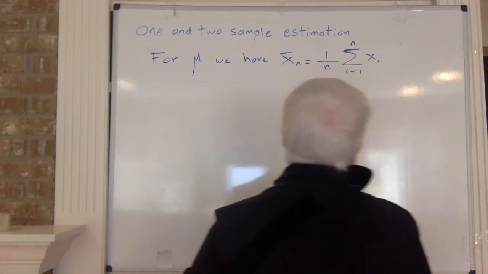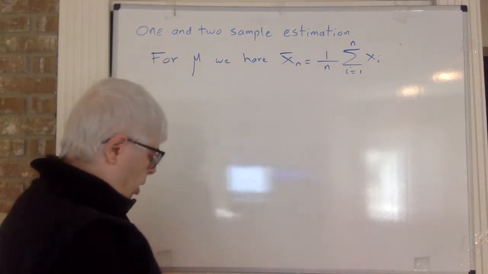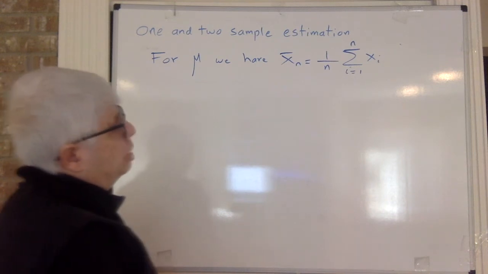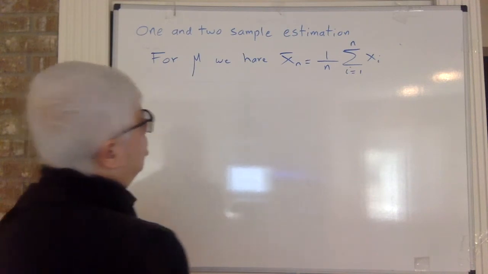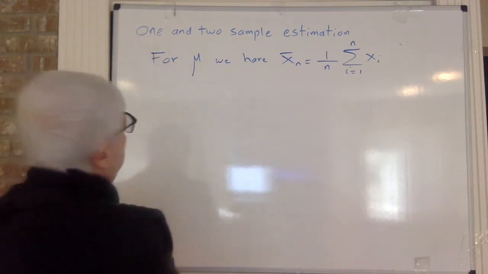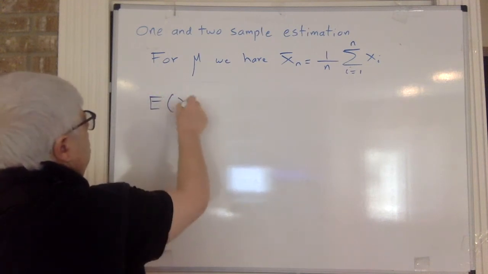And that comes from a sample x1 up to xn. So we just suppress that. We take a sample of size n, and then we find x bar of that sample. Let's see if this equals mu. So E of x bar.